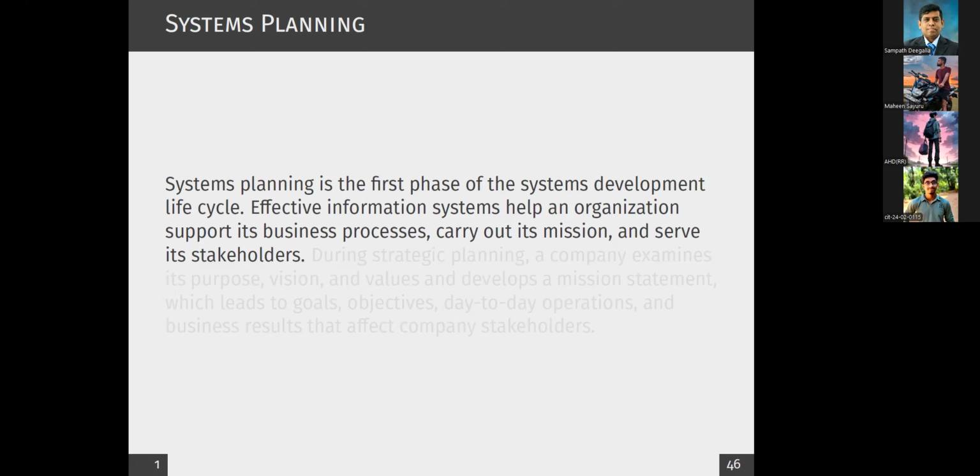One of the things we need to focus on is that we develop these information systems to help our organization do its business. For example, say we are developing an information system for our university.